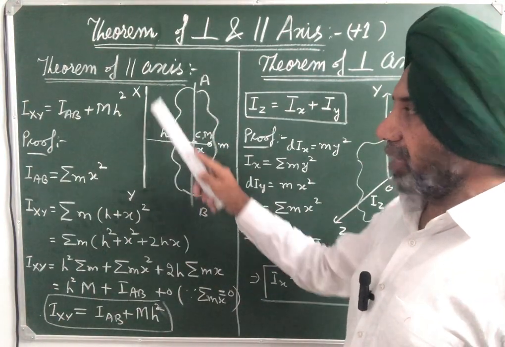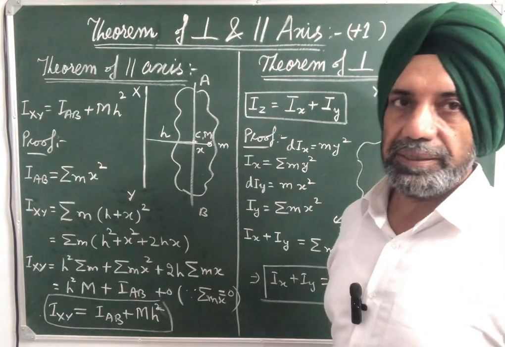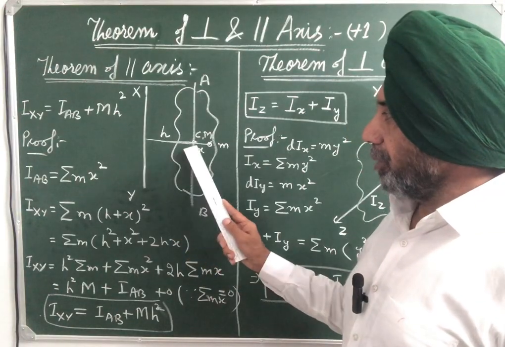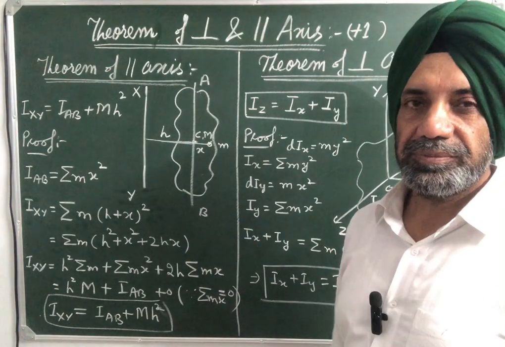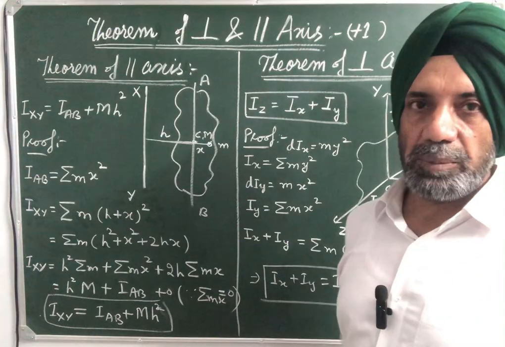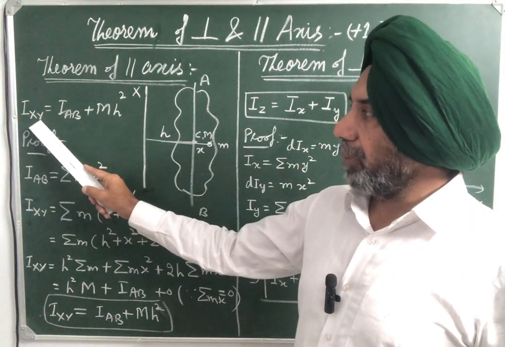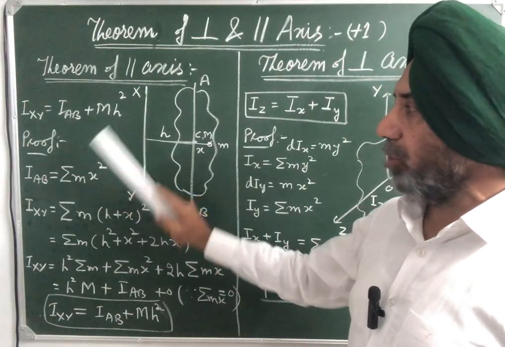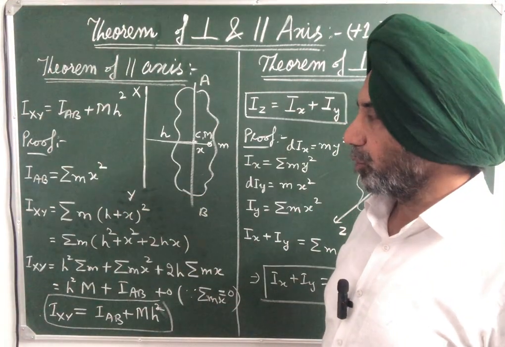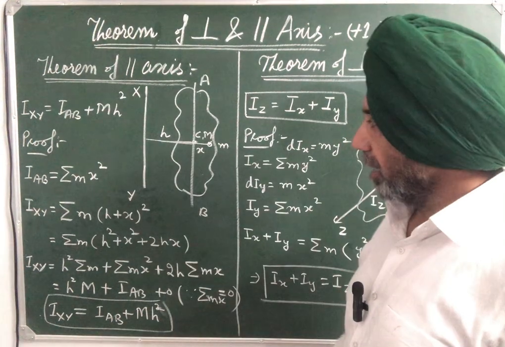IXY is equal to the MI of the rigid body about XY. h is the perpendicular distance between the two parallel axes. Capital M is the total mass of the rigid body. Then by the theorem of parallel axes, IXY will be equal to IAB plus M h square. To prove it, very simple again.